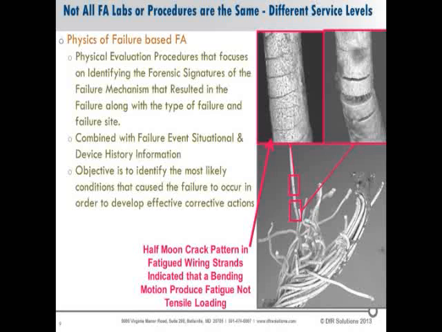As an example here, this was a vehicle wiring harness that went through a seat, and the consensus was that the wiring harness was being stretched back and forth as the seat was being moved, and there was tensile loading resulting in the shearing of the wires.